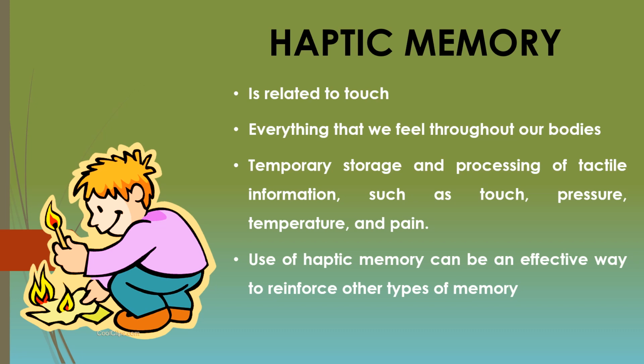An example of the haptic memory may be when you touch a hot stove or fire, you immediately pull your hand away. The sensation of the heat and pain that you experience is processed in your haptic memory and it helps to create a reflex action that helps to protect your hand from further damage.